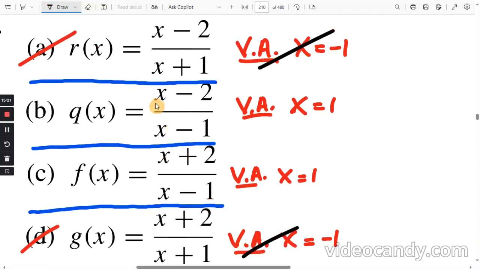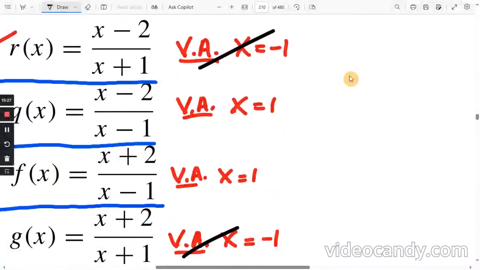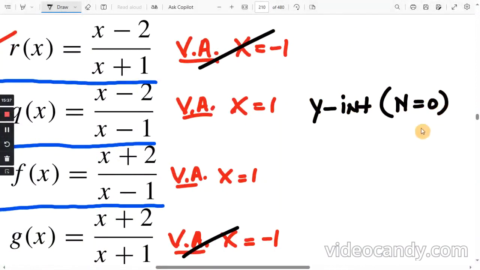Look at the numerators. What happens when the numerator is 0? Well, that is your y-intercept. Okay, y-intercept is when the numerator equals 0. Nope, that's a mistake. Because if I plug in x equals 0, that's my y-intercept.